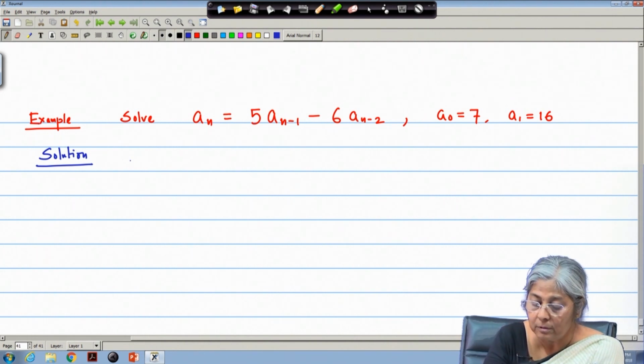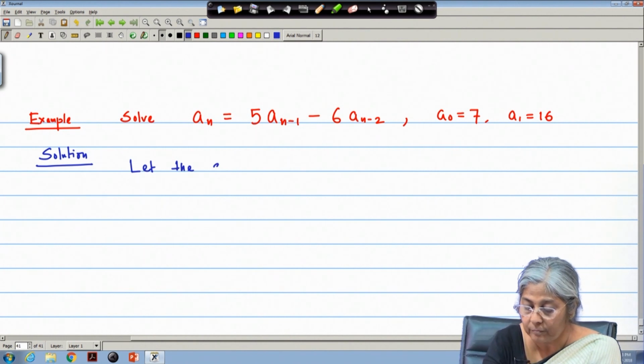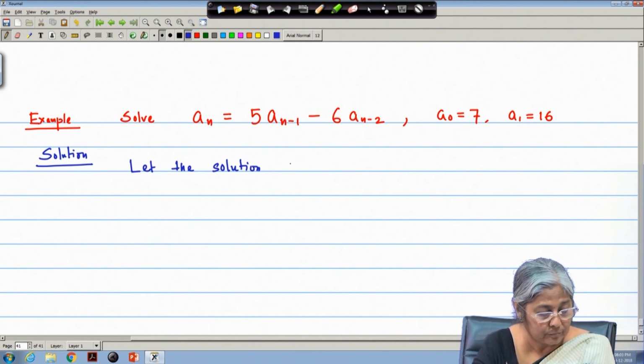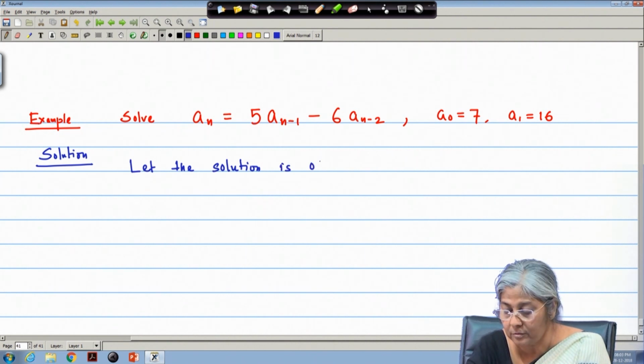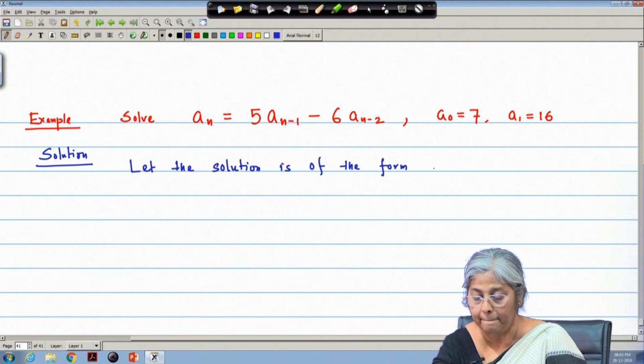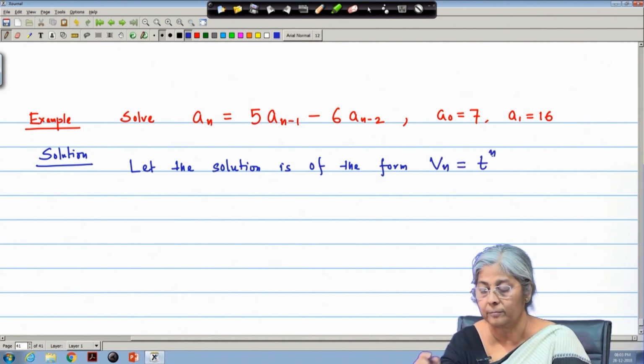So, now let the solution be of the form, say Vn equal to t to the power n.